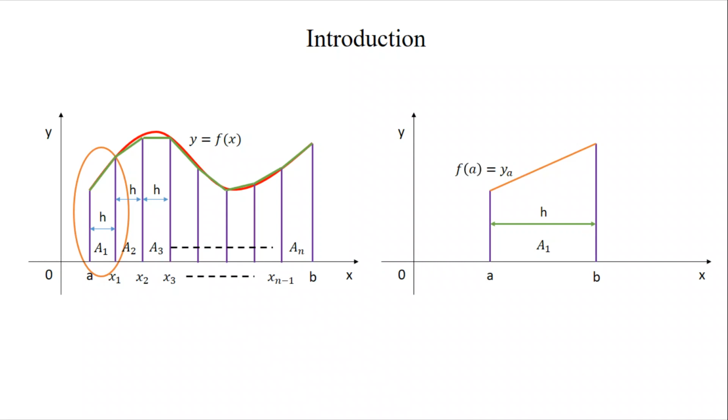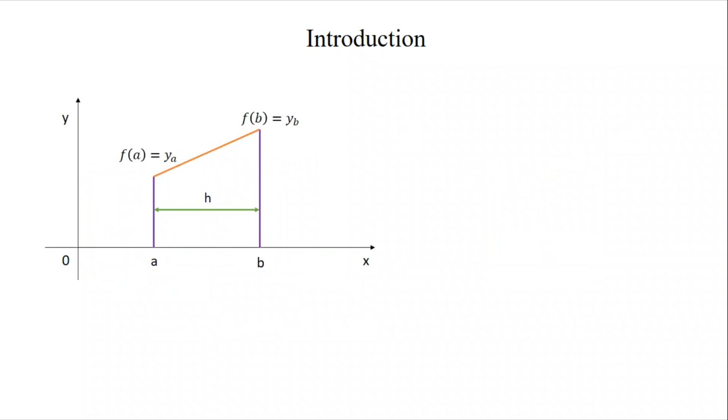Related to the a point on the x axis, its y coordinate is f of a or ya, and for the b point on the x axis, its y coordinate is f of b or yb. So a comma b is the start and end point, and a is equal to x0, with x1, x2 up to xn minus 1, and b is equal to xn. Here consider this.